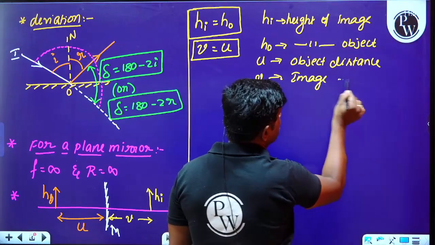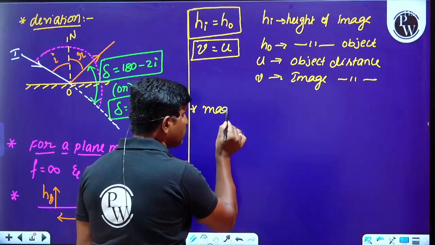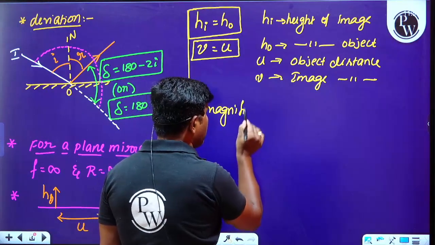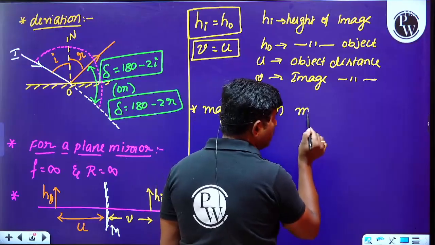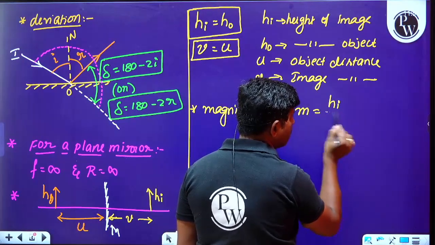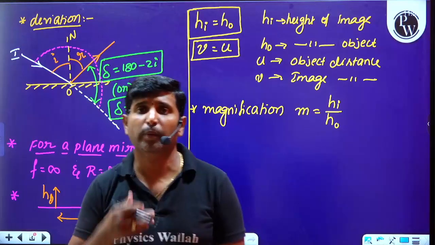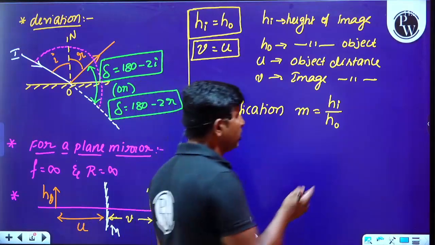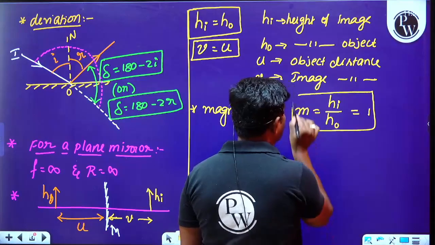Is it clear? Therefore, what is the magnification of a plane mirror? Magnification is generally defined as size of the image divided by size of the object, that is, height of the image divided by height of the object. Therefore, it is always equal to 1.